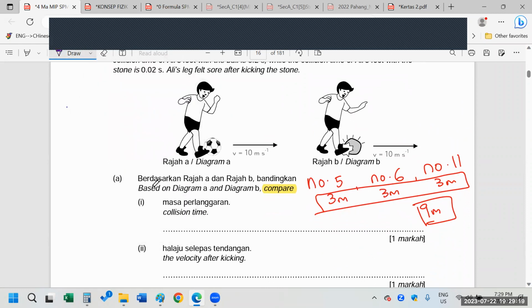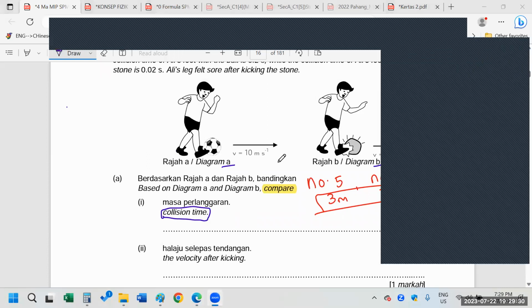So can you please, based on diagram A and B, compare the collision time? Can you answer?